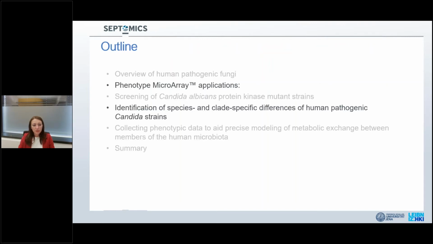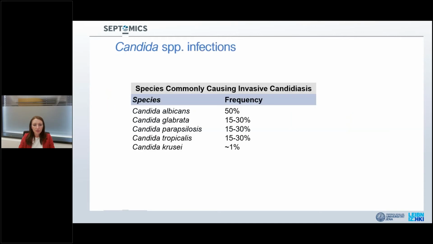Moving on to the next part, I will now present briefly how we used these phenotypic microarrays to identify species-specific differences in human pathogenic Candida strains. I noted before the top 5 pathogenic Candida species.